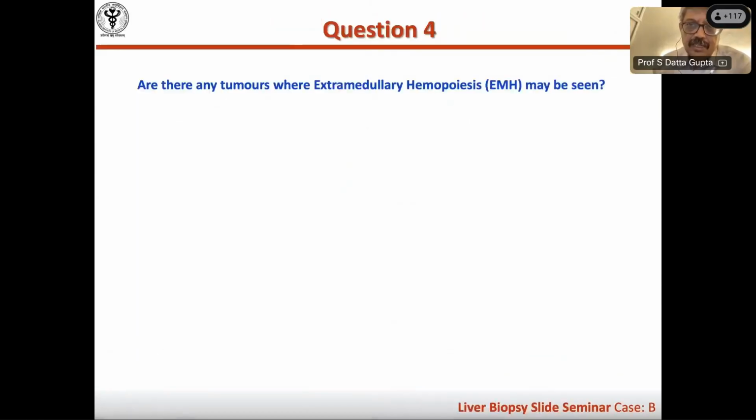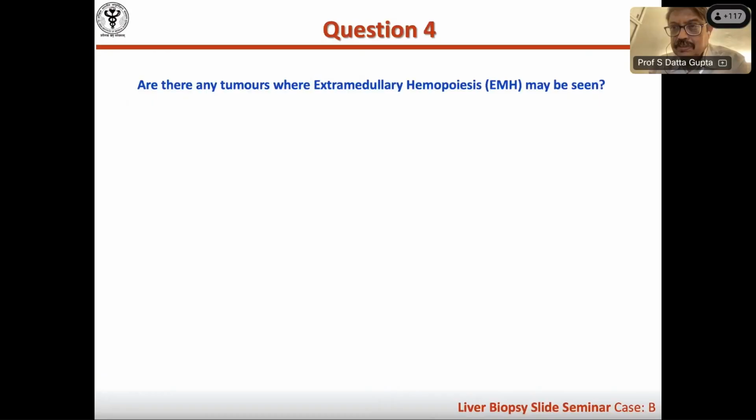Very good. Are there any tumors where EMH may be seen? Just give some names, just one or two, just for fun. Anyone? Hemangioblastoma, very good.